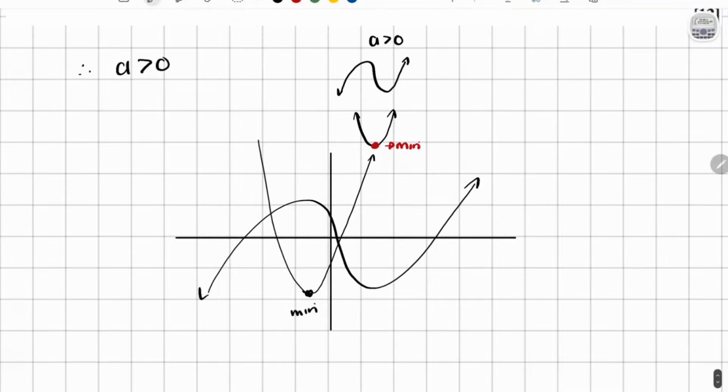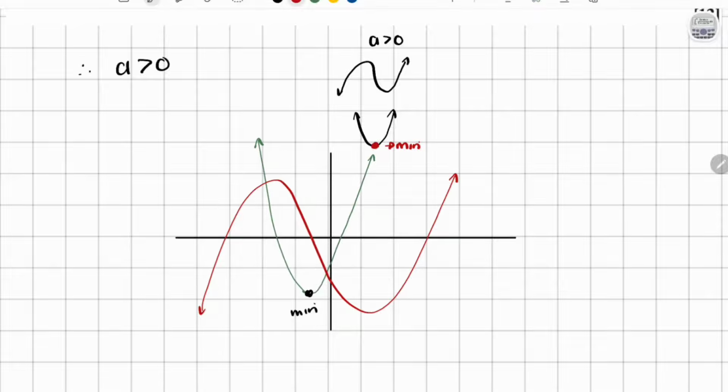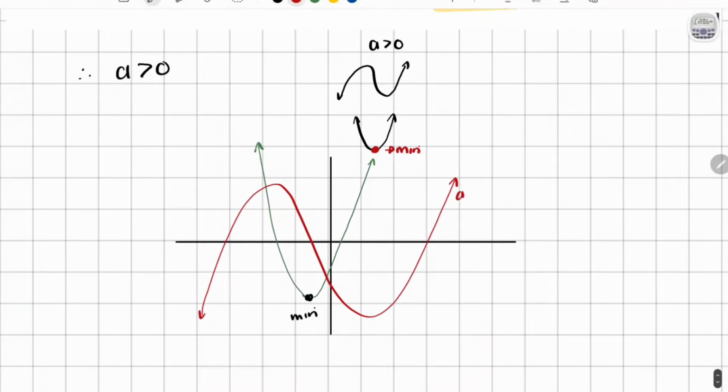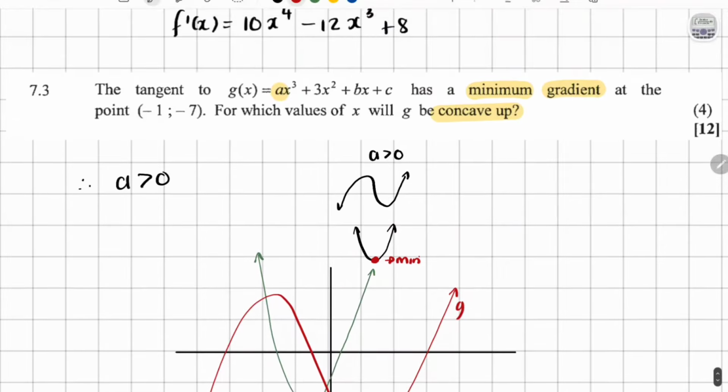So what they're saying is that this cubic function, let me actually correct the way it looks quickly. So the cubic function, which is of course g, has a tangent being drawn to it at this point. That tangent has a minimum gradient.